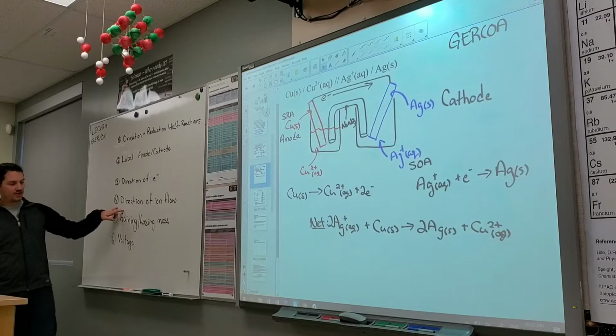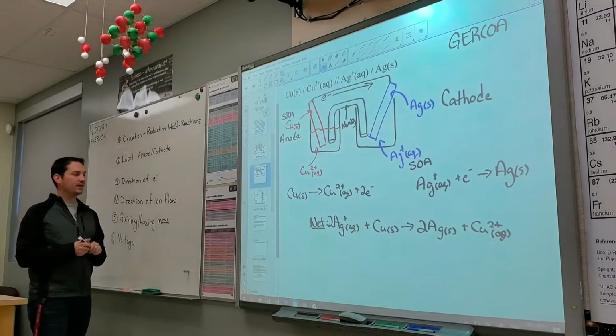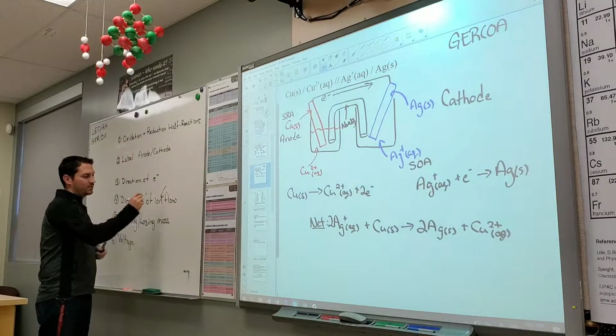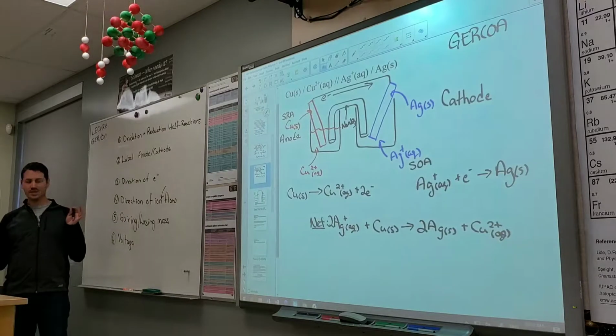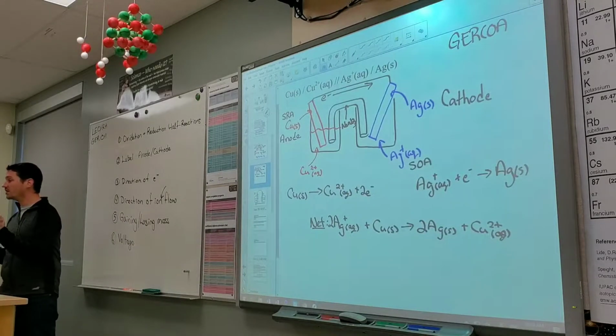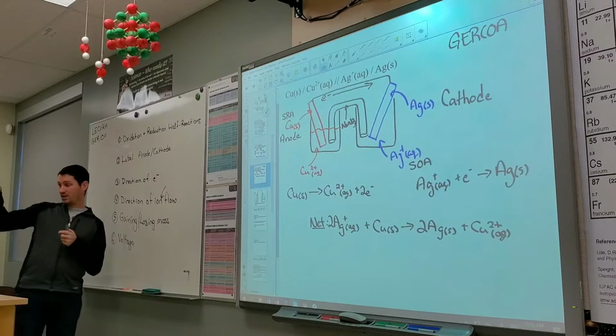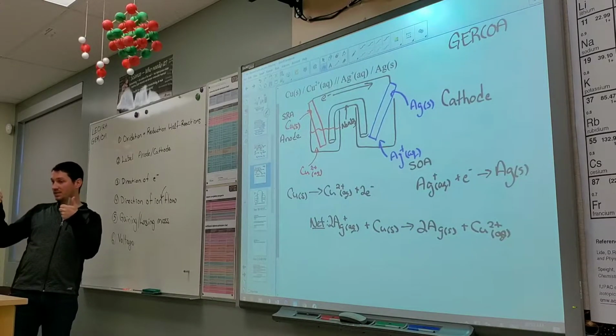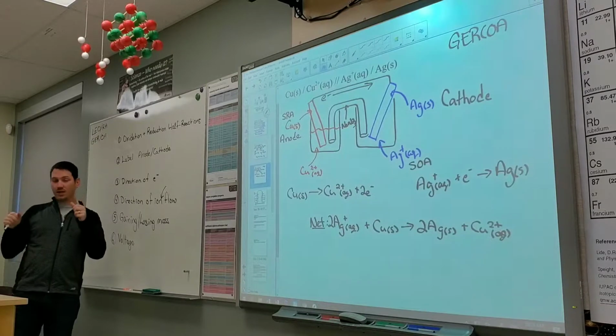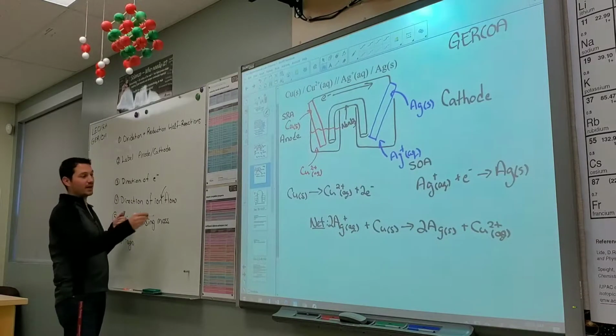What about the direction of ion flow? Now let's split this up into two different thoughts. There are two types of ions in our solution. What are the two types of ions? Positive ions and negative ions. What do we call positive ions? Cations. Yep, and then negative ions are anions.